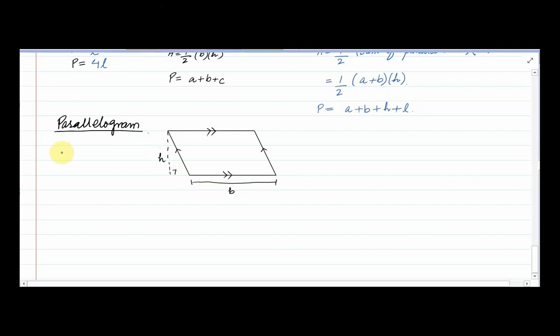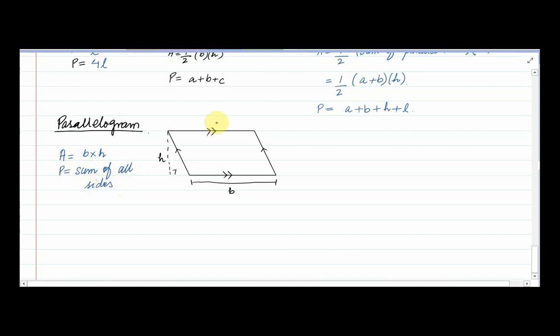The area of a parallelogram is base multiplied by height, right? And if you talk about the perimeter, that means the sum of all sides.